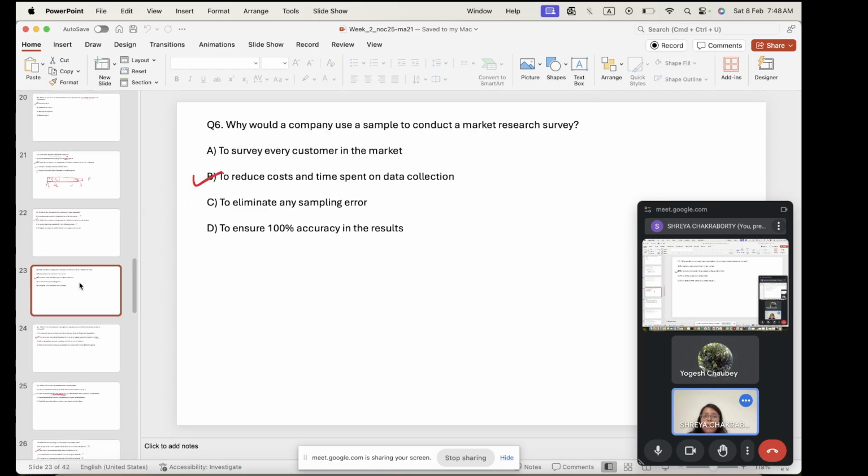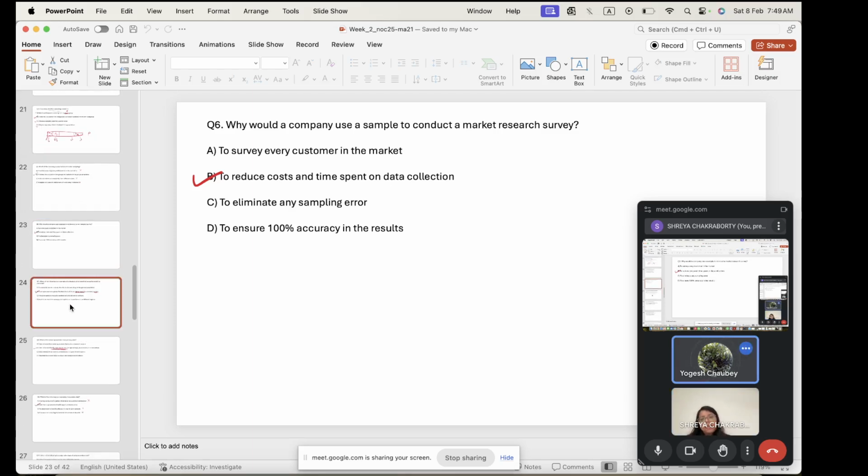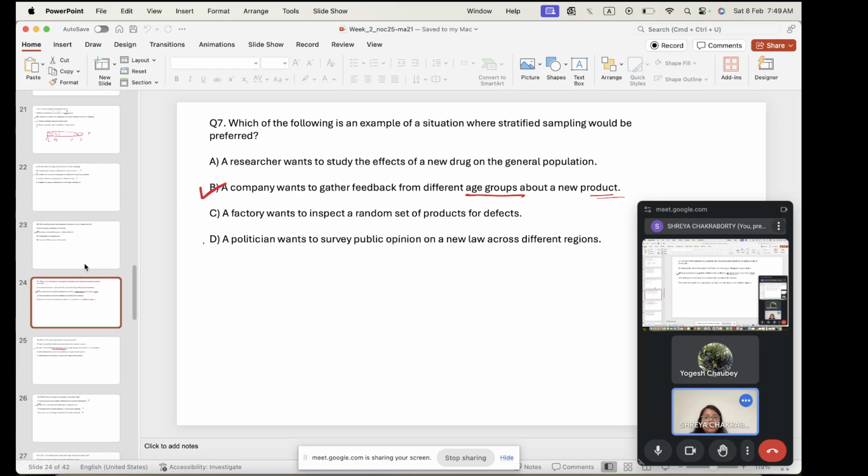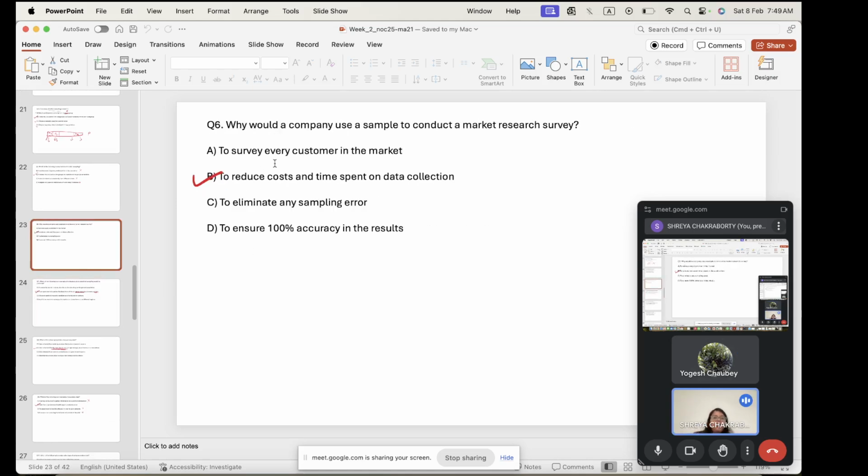Okay. The next one is, why would a company use a sample to conduct a market research survey? To reduce cost and time spent. So this is the correct answer out of all of these. There could be other reasons as well.